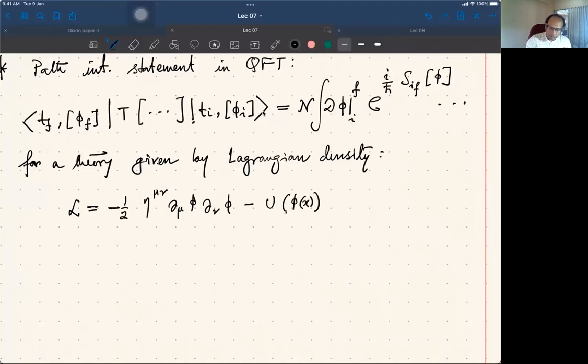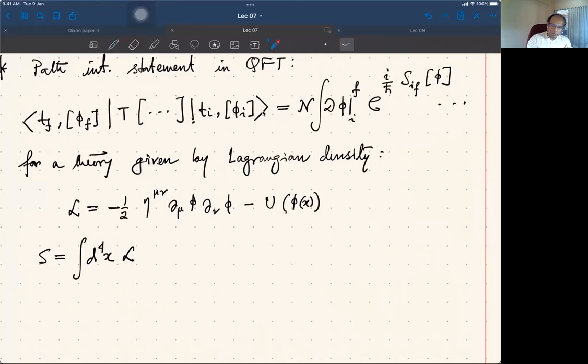So U is a function of phi, and then phi is a function of both t and x, so that is a 4x, right? And this action is integral dt integral d^3x Lagrangian density, which is integral d^4x Lagrangian density.